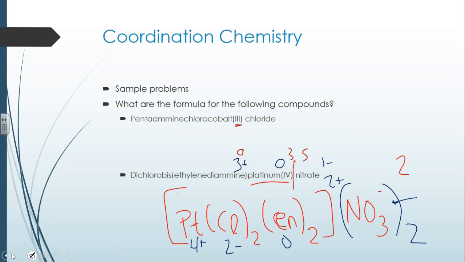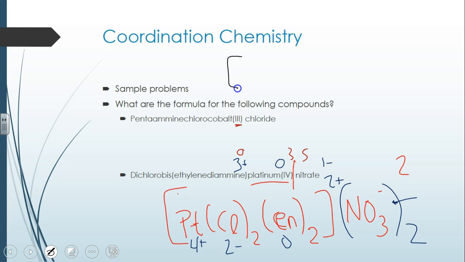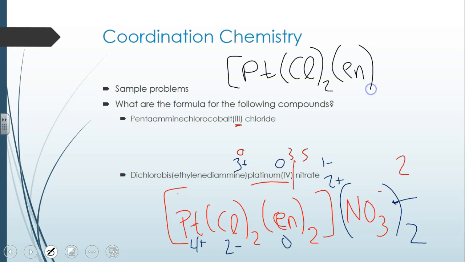So the formula for this is going to be, after we get rid of all this extra junk that's around, platinum Pt, Cl2, then ethylenediamine en2, and then a parenthesis NO3, because that's nitrate, and there's 2 of those. So that's the formula for dichlorobis(ethylenediamine)platinum(IV) nitrate.